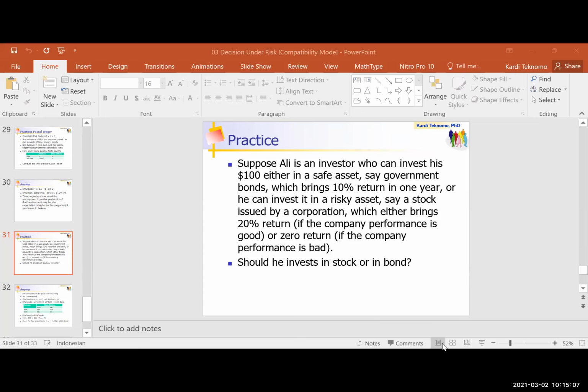Based on this example, can you try to calculate? Isn't it the same? Because one is 10% return in 1 year, with 100% probability.